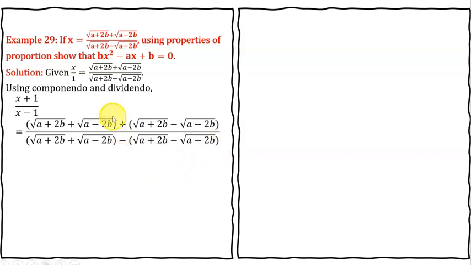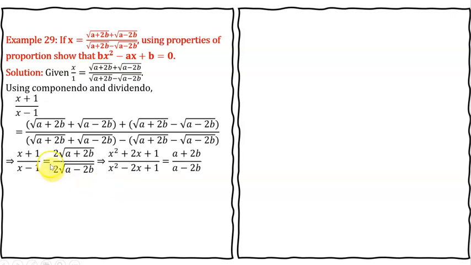Again here from the numerator, the square root of a minus 2b, plus and minus get cancelled, and in the denominator the square root of a plus 2b, the square root of a plus 2b get cancelled. Then you will have here x plus 1 upon x minus 1 is equal to 2 square root of a plus 2b upon 2 square root of a minus 2b.